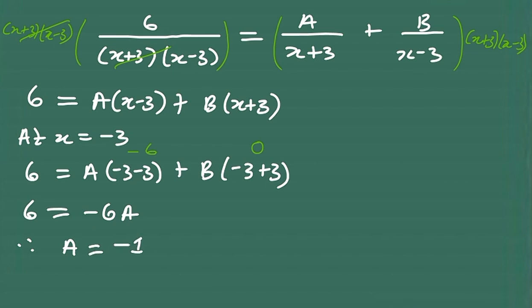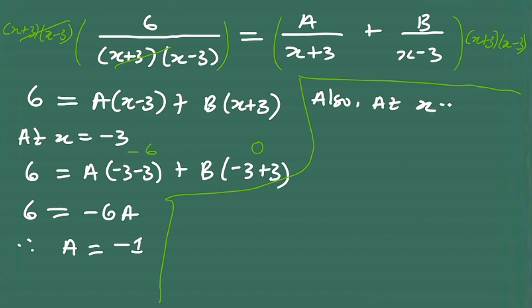Let's also find B. Solving for B, at x equals positive 3, we have 6 equals A into bracket 3 minus 3 plus B into bracket 3 plus 3.